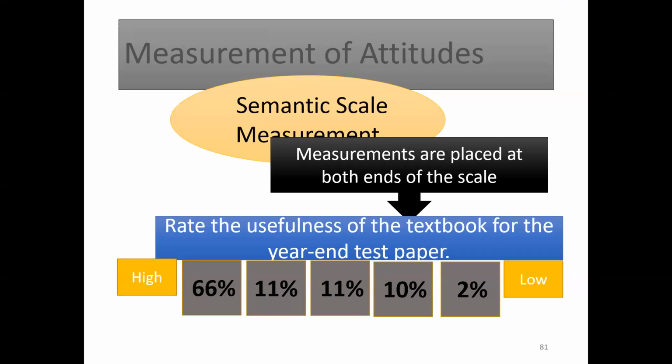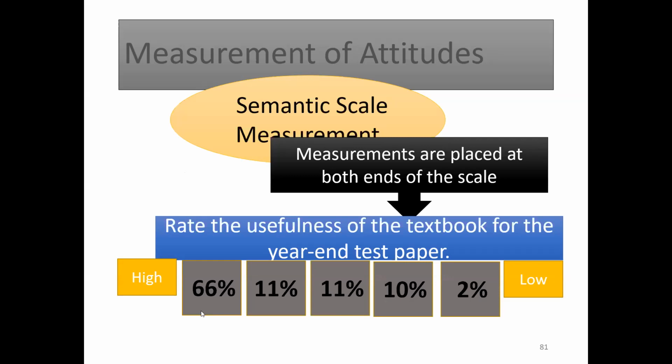If after you analyze you get 66%, very high, that means the textbook is very useful for the year-end test paper. So we can calculate the frequencies and measure the attitudes. We can come to a conclusion.